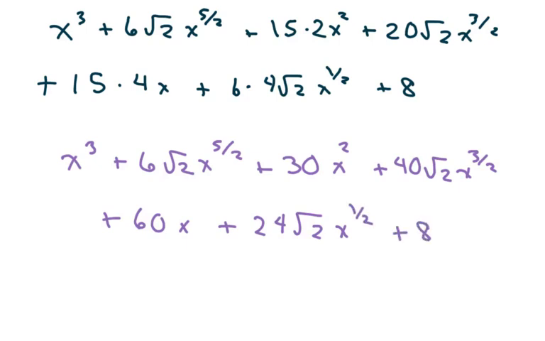Alright, the next one I'm going to kind of do the same thing. So our problem is the square root of x minus the square root of 3 to the 4th. Now, we'll let my a be x to the 1/2.